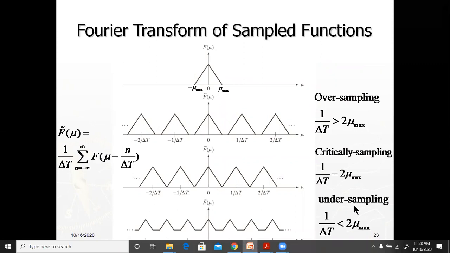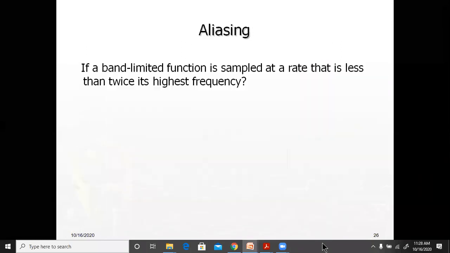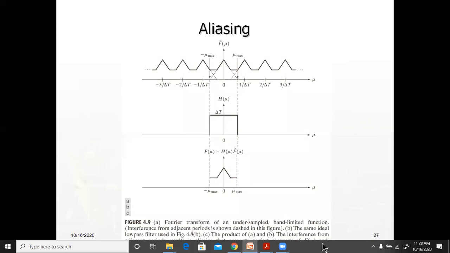1 by delta t lesser than 2 mu max, and that's the figure at this point. Then if you try to filter that using again a band limited function, definitely you will not get back the original, because this is not the one which we had. The one which we had was like this.